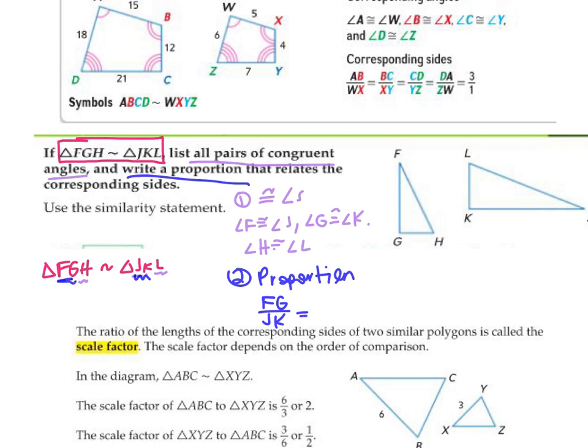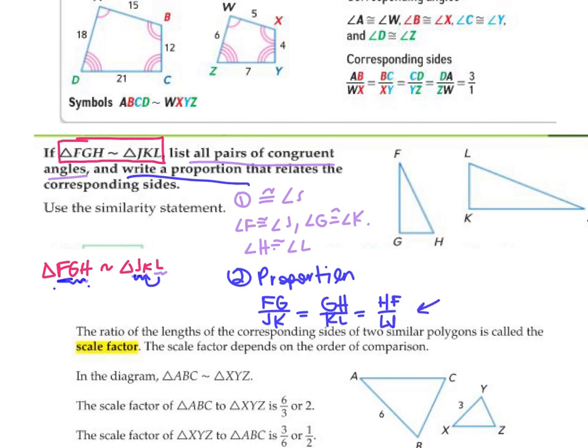Side GH corresponds with KL, and side HF corresponds with side LJ. Each of these sides, if the similarity statement is true, will be proportional.